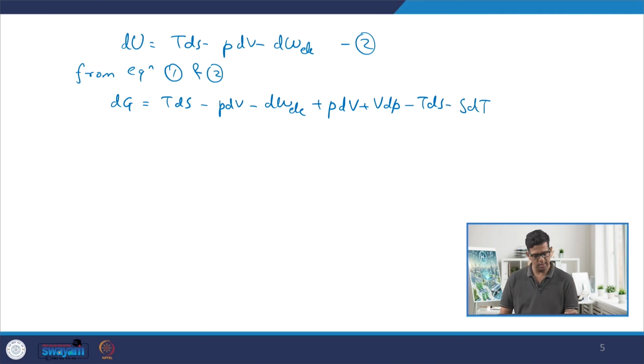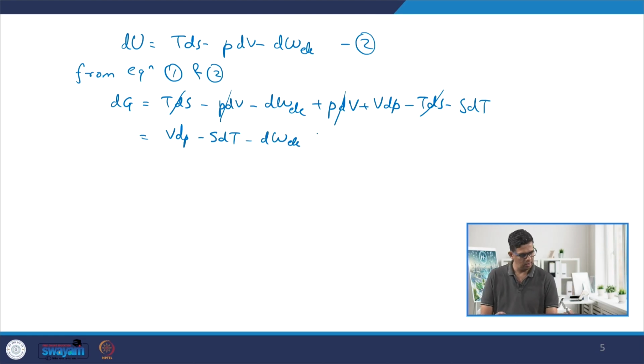If you look at this, TdS and minus TdS cancel, and PdV and minus PdV cancel, so what we are left with is basically VdP minus SdT minus dW electrical. Let's call this equation 3.